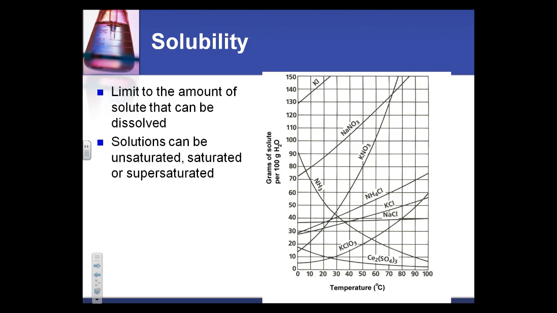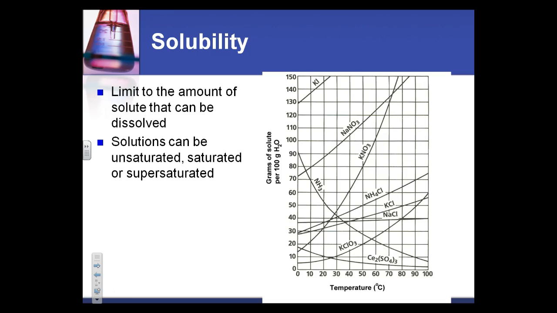So unsaturated means that we could put more in and dissolve it. All right? Supersaturated means that we have tricked it into holding more solute than it should at a particular temperature. And we do this a lot if you've ever made rock candy before.